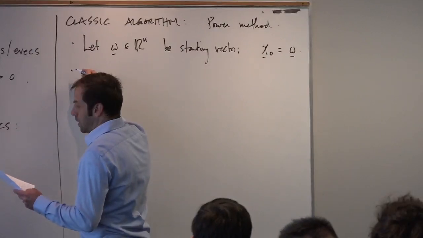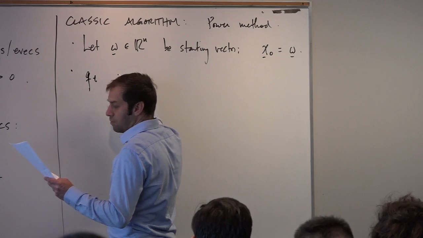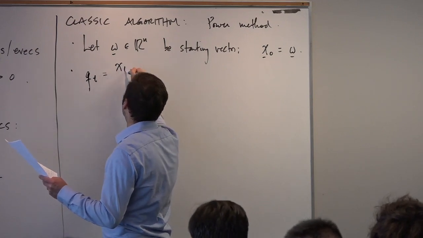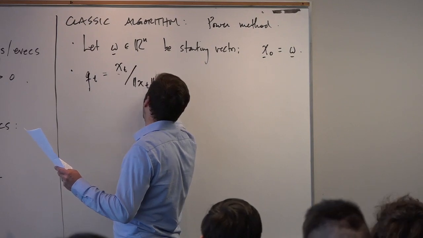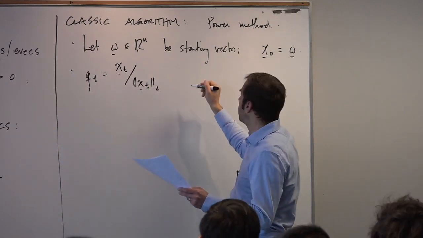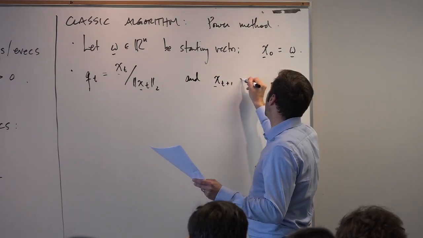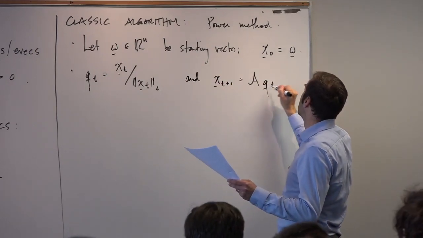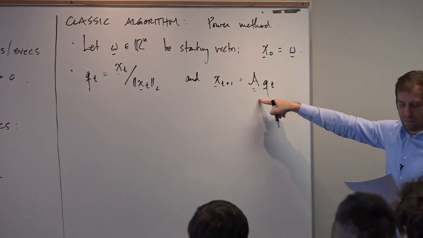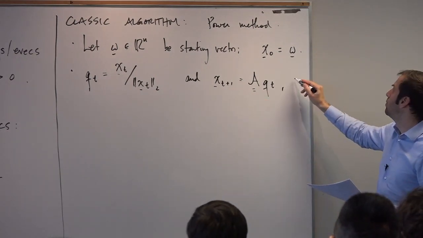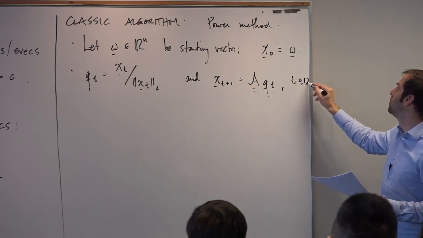And at each step, we're going to compute a vector qt by normalizing the current vector xt. These are Euclidean norms. And then we make a new iterate by multiplying q into A, for t equals 0, 1, 2, and so on.